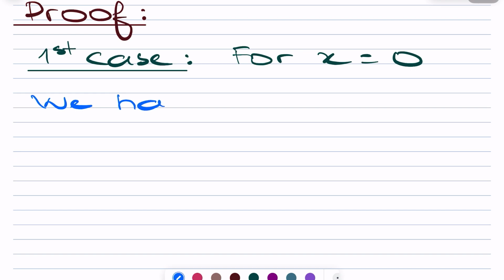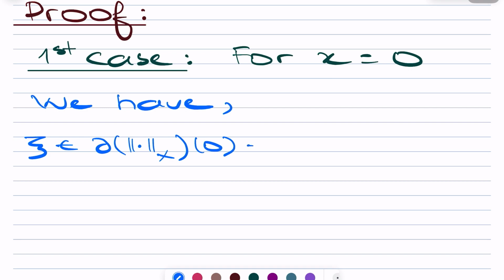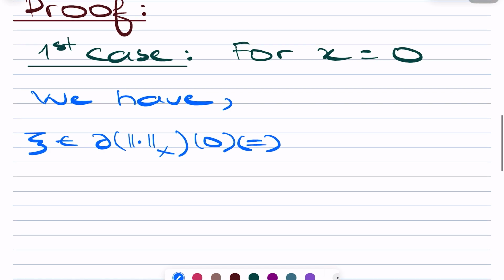So we have, by definition, if xi is in the convex subdifferential of the norm function at the point 0, this is equivalent to saying that xi applied to x tilde, this duality pairing, is less or equal than the norm of x tilde.